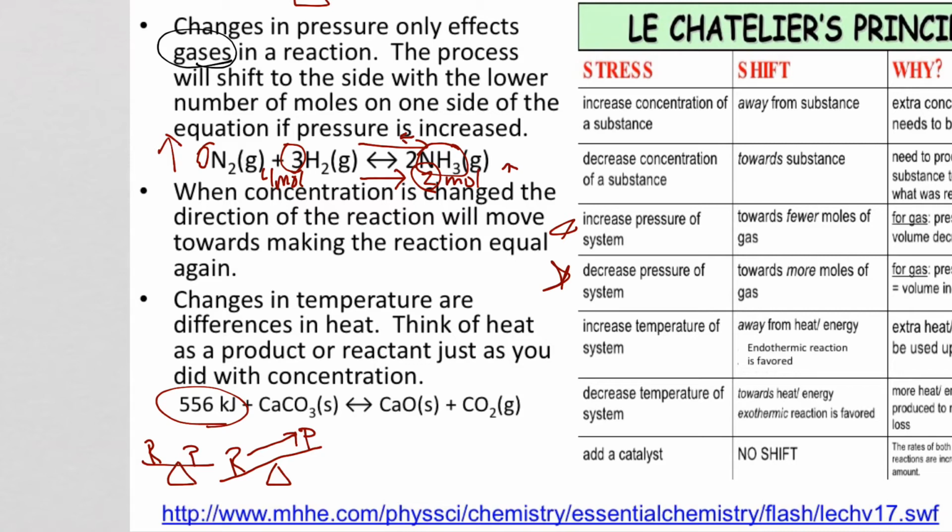Likewise, if I cooled this off, that would be the reverse, to where now I'd have less reactants and more products. So now there'd be more products shifting towards the reactants in order to get me back to my equilibrium position of things being level and equal.